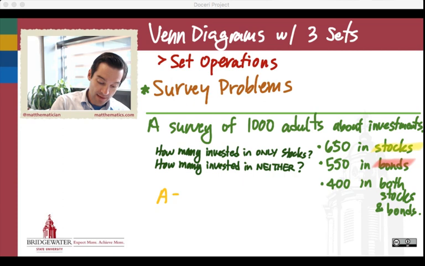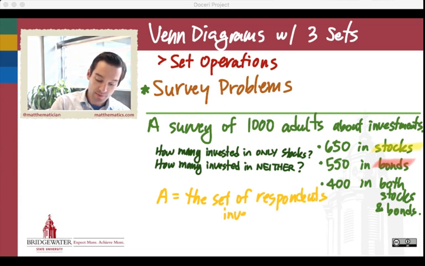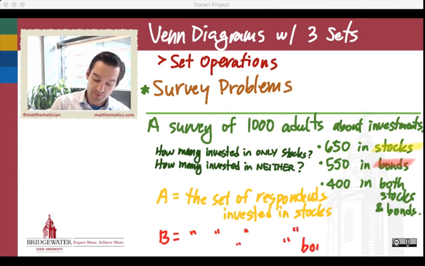So let's let A be the set of respondents who were invested in stocks, and then I'll also write B is the set of respondents invested in bonds. And by the way, I'm using generic names for these sets.